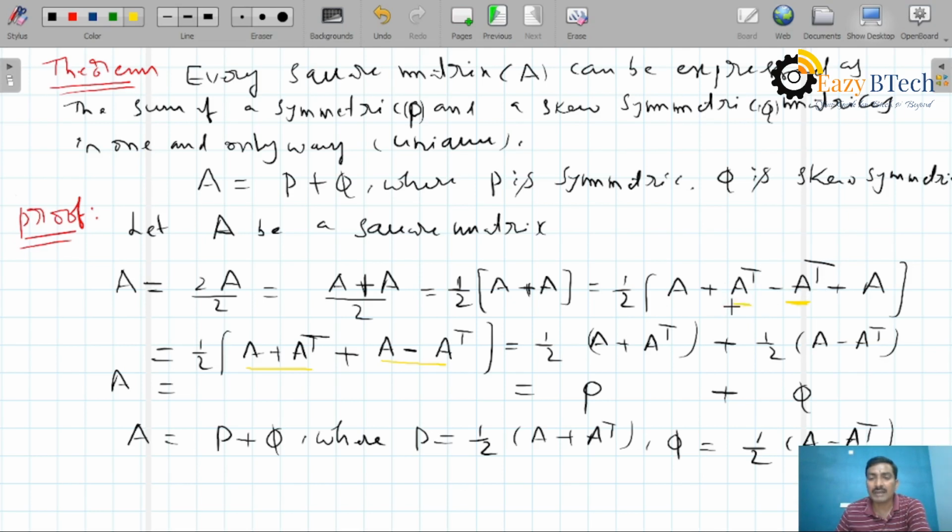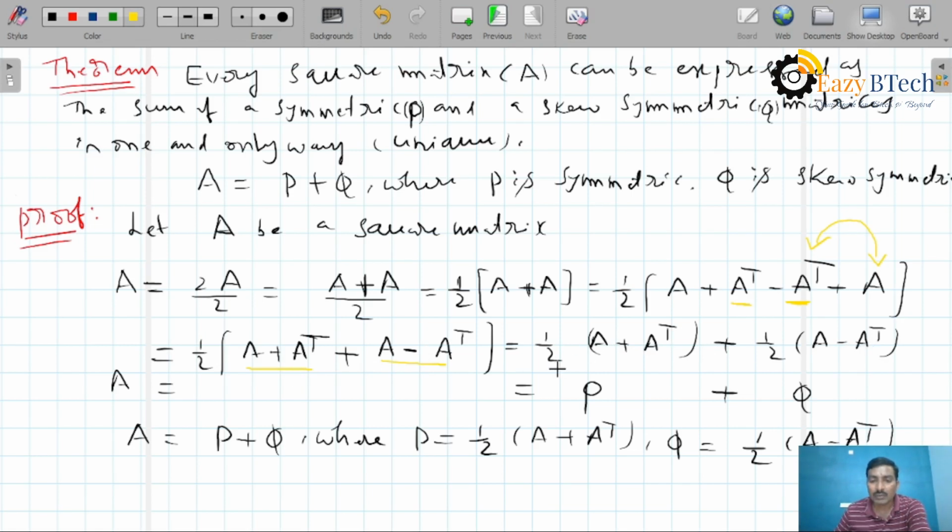So this I will write as A plus A transpose. I am interchanging these two elements, so first I am writing plus A, and after that I am writing minus A transpose. Then after multiplying 1 by 2 to the first sum and second sum, you will get 1 by 2 into A plus A transpose plus 1 by 2 into A minus A transpose.